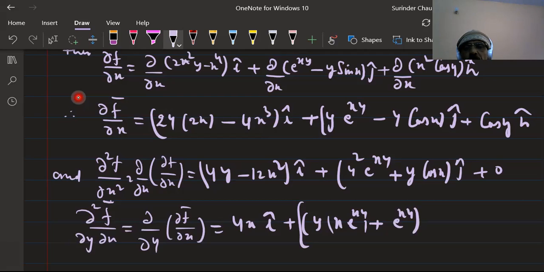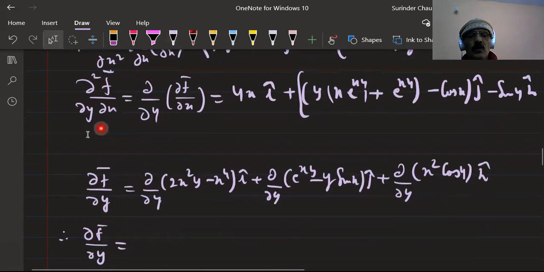Now this is 2y is equal to minus cos of x into j, differential is 2y is equal to minus sine of y. Now simplify. We can simplify it also, and rearrange the terms, different components.